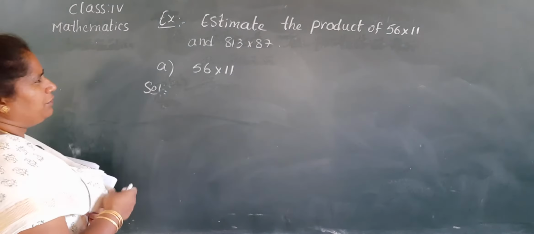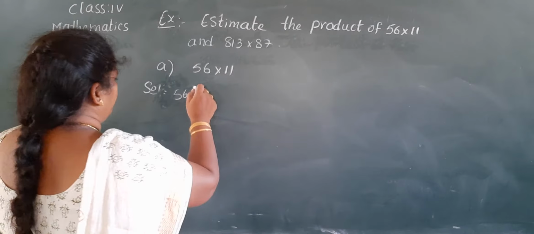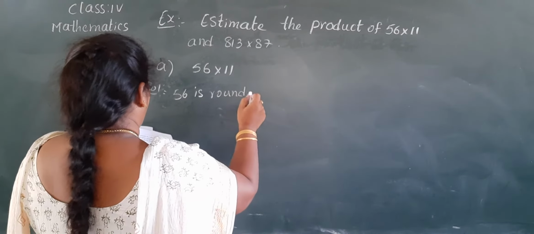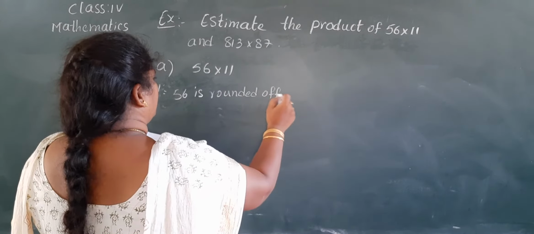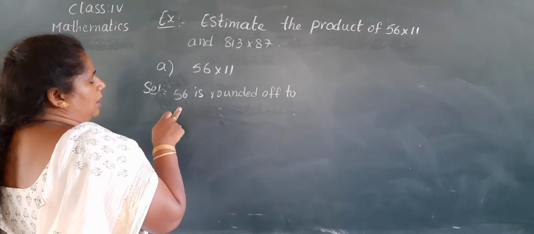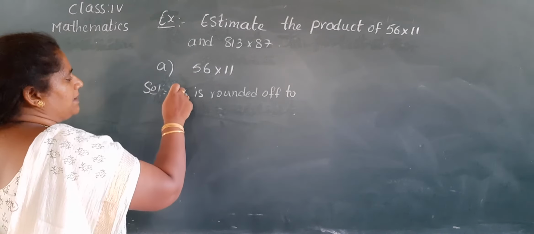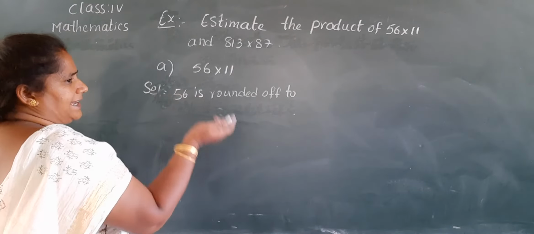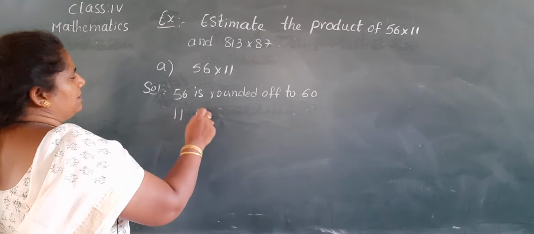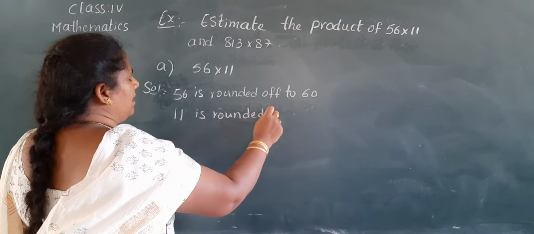So first you have to round off these numbers. So 56 is rounded off. See here, the ones digit is greater than 5, so this number is rounded to the next nearest multiple of 10. Next multiple of 10 means 60. And 11 is rounded off to 10. Why?